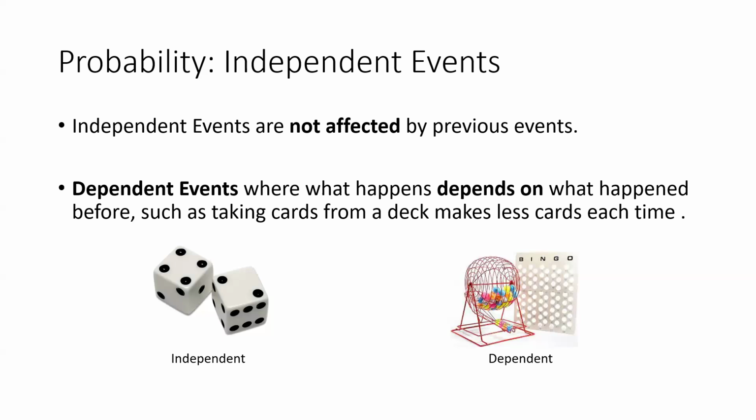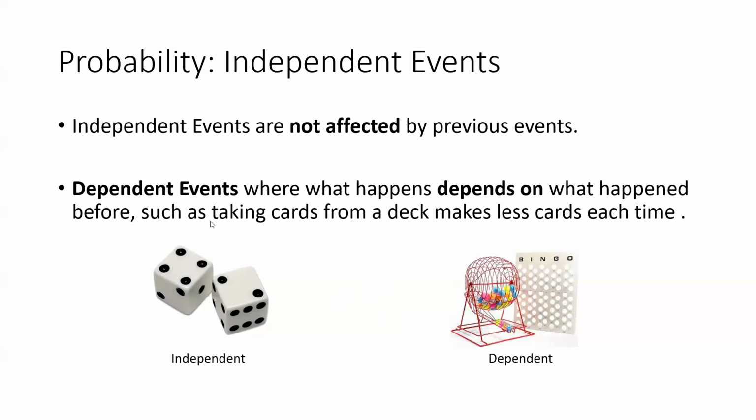Now, as it relates to dependent events, an event that happens in the present depends in some way or another on an event which happened before. An easy way to remember or envision this concept is either bingo or playing cards.